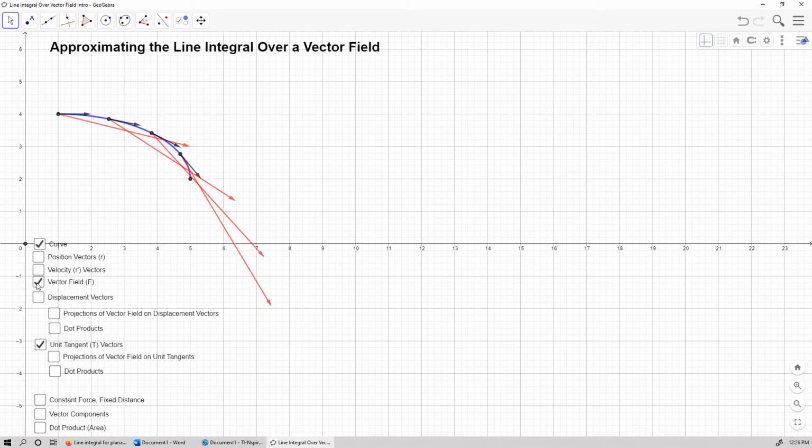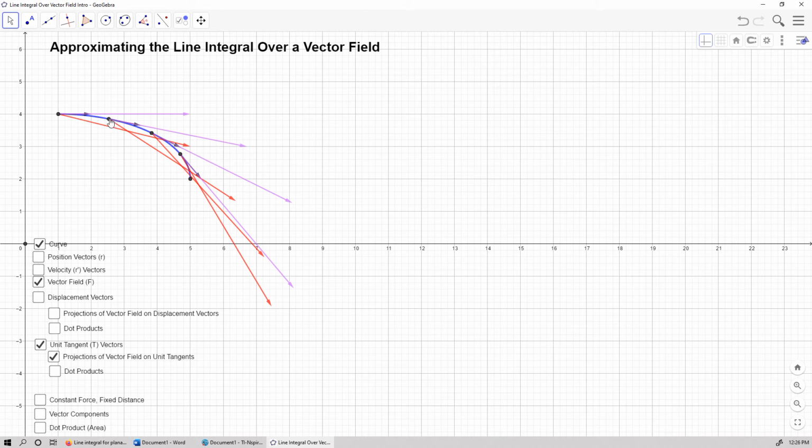Now here's our vector field at those 4 points, and what we want to do this time again is project them, but this time how we define the direction of the motion is by that tangent vector. So we're going to project them onto the tangent vector. So these are the tangential components of the vector field at these points. Say this one and this one.